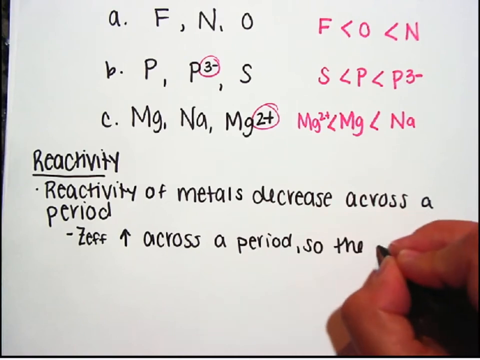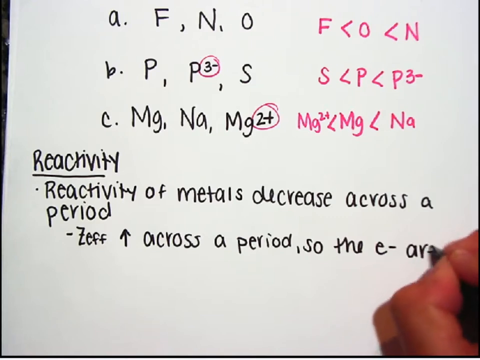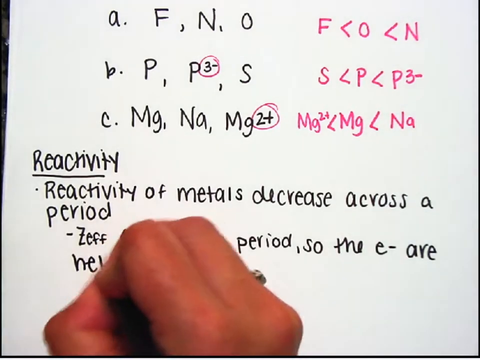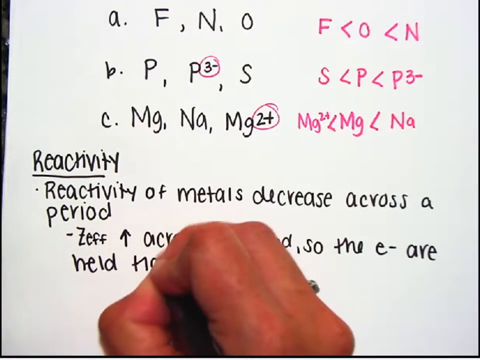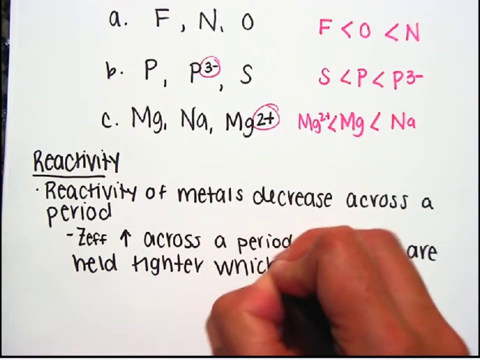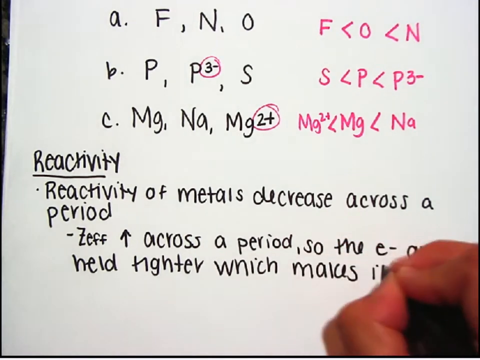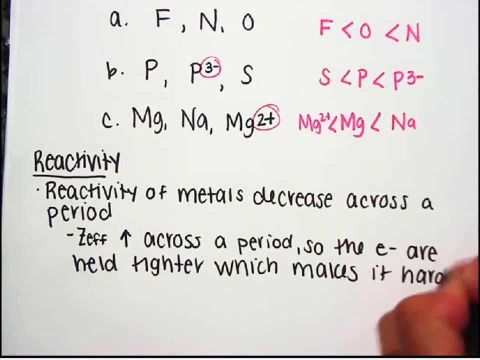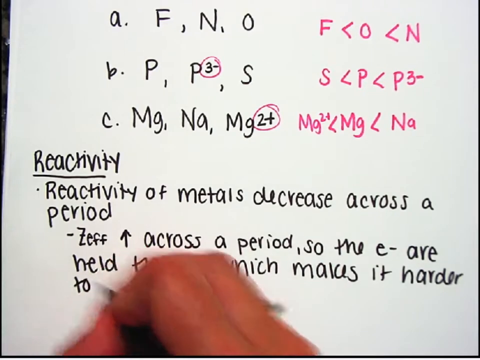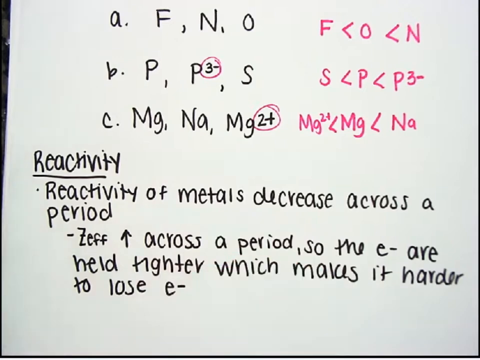So that means as we go across a period, the electrons are held tighter. Which makes it harder to lose electrons.